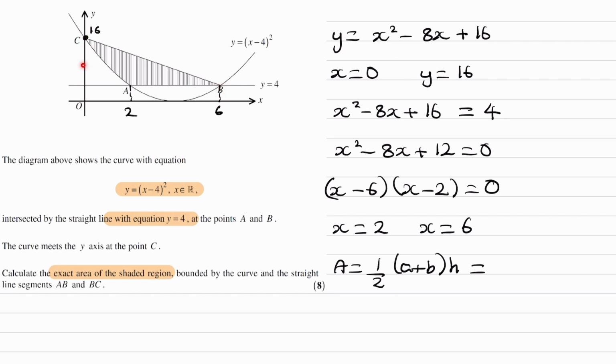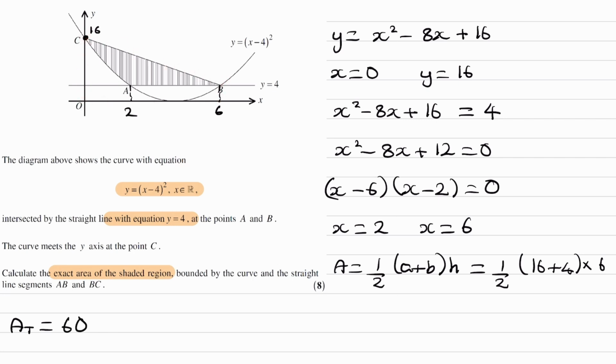This is 16. This here would be 4. And the height of our trapezium would be this length, which is 6. So it'll be a half (a plus b), which is 16 plus 4, multiplied by the height, which is 6. So that ends up being 60. So the area of this whole trapezium is 60.